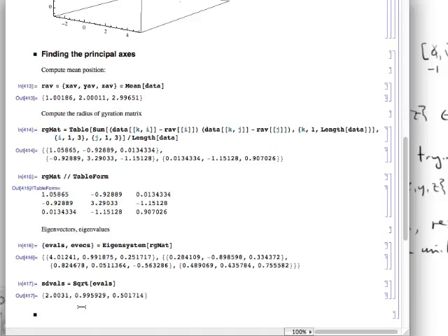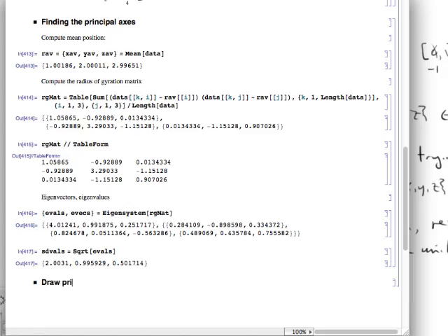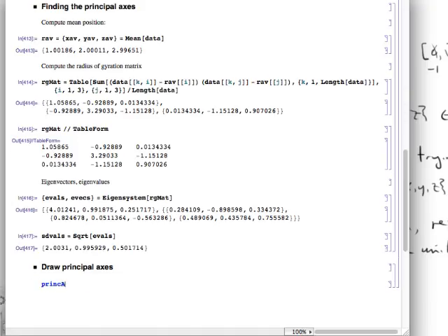So now we want to draw the principal axes using what we've just computed. I'm going to draw lines going from the origin out plus or minus 2 standard deviations in each of the 3 directions, and I'm just going to call that principal axes.